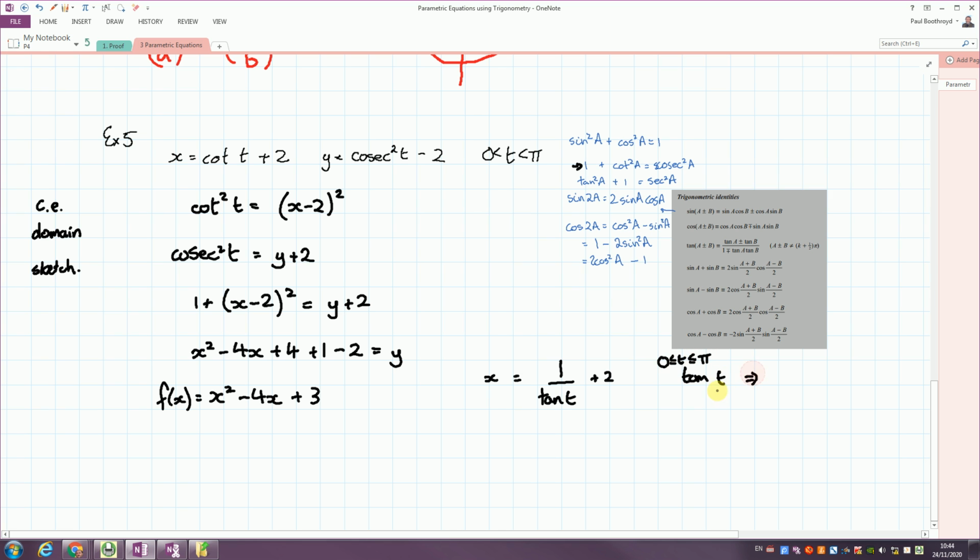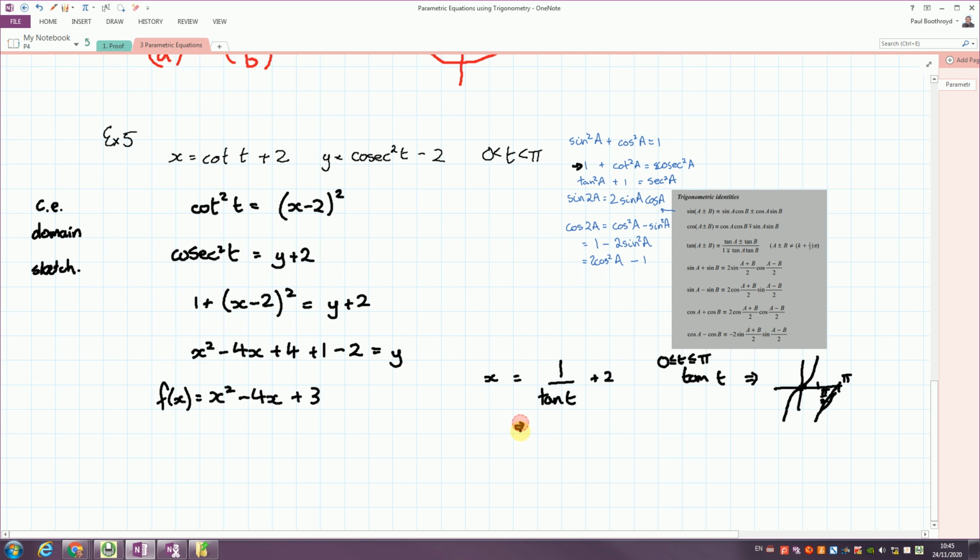If we have a look at the output from this function in the region, tan goes from there up to infinity at pi over 2, and then comes back down and in for pi radians. So the tan has a range of all real numbers, so therefore 1 over that will have all real numbers.